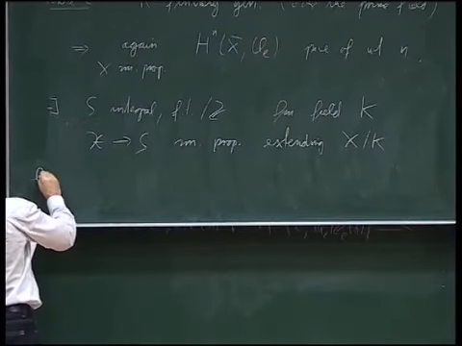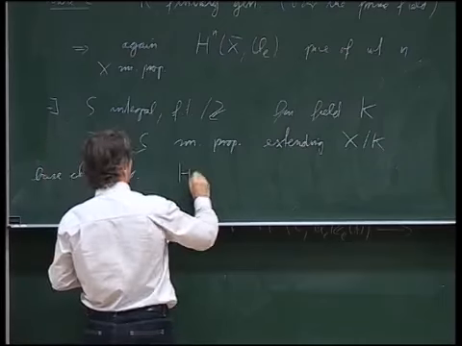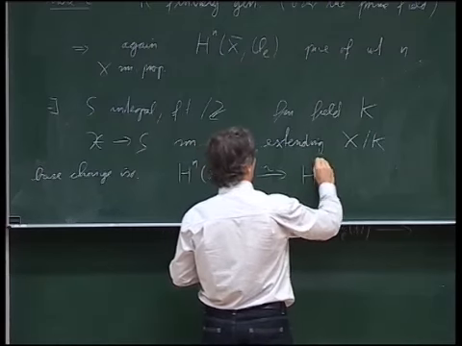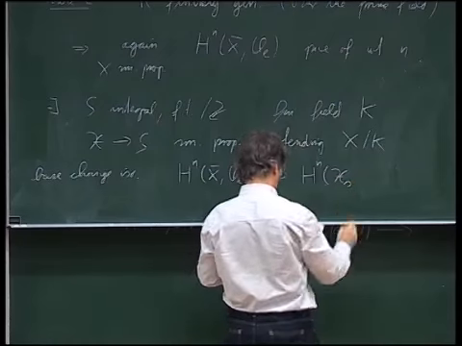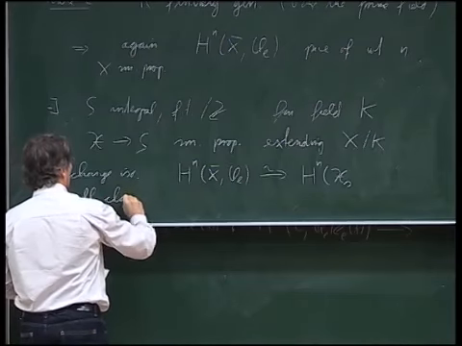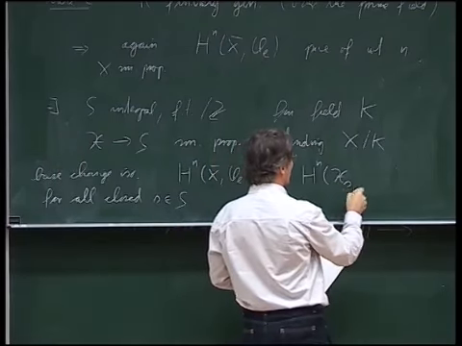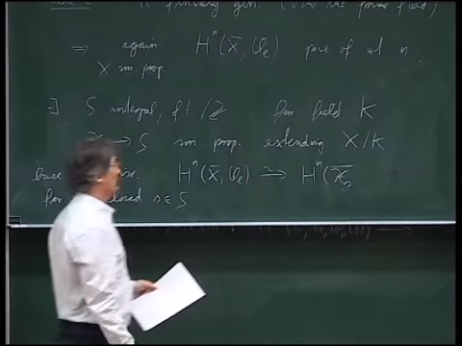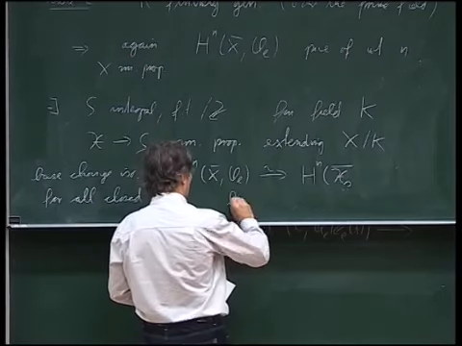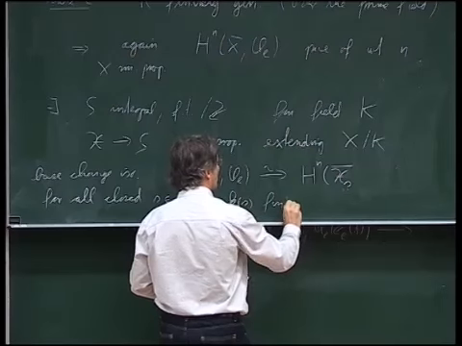And then you have a base change isomorphism: H^n(X bar, Q_L) is isomorphic to H^n of the fiber, for all closed points s in S. This is the base change to s, and you take again passage to the algebraic closure of the residue field of s, and note that the residue field of a closed point is finite.